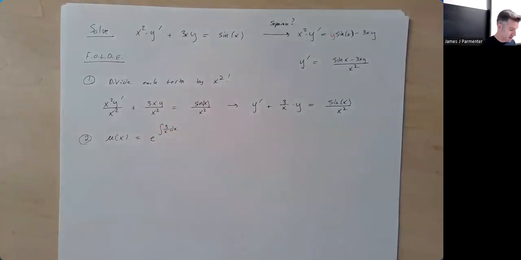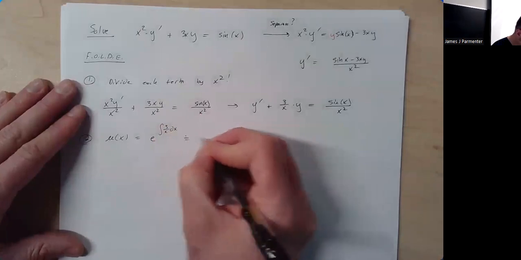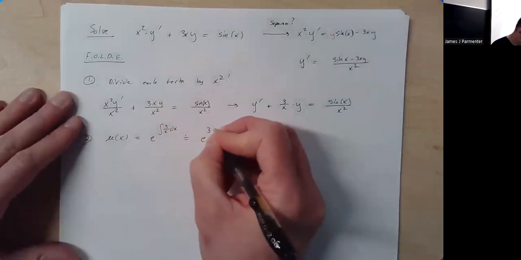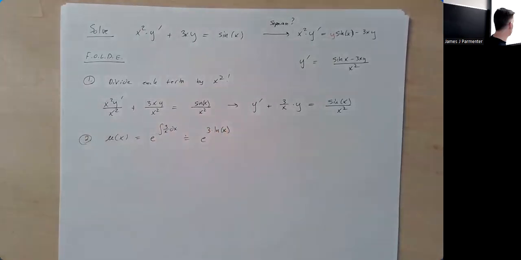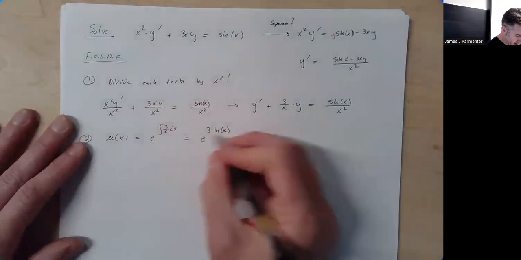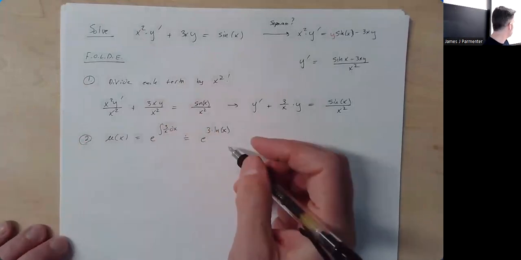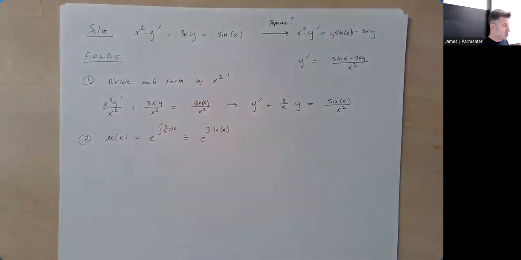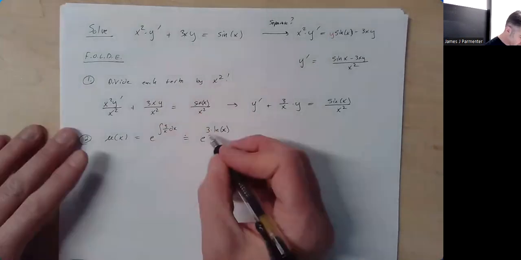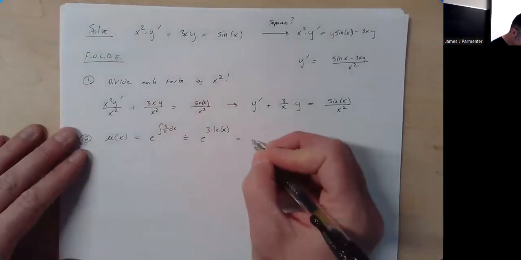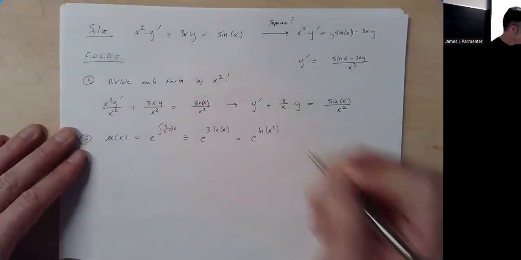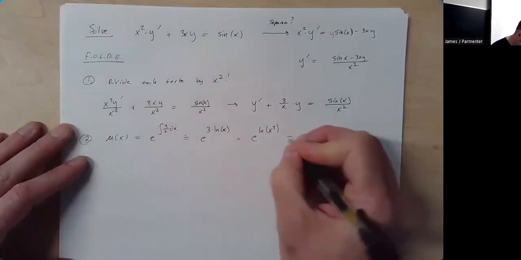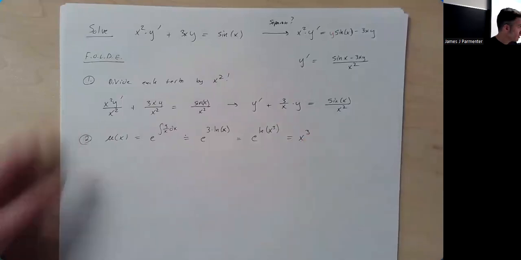So 3 times 1 over x integrates to 3 times natural log of x. We definitely ignore the absolute values that we would usually get when we integrate 1 over x. Totally fine. And then this simplifies, and we should simplify it. The 3 comes up as the power, so we can write this as e to the natural log of x cubed, and e to the natural log of x cubed is just x cubed.